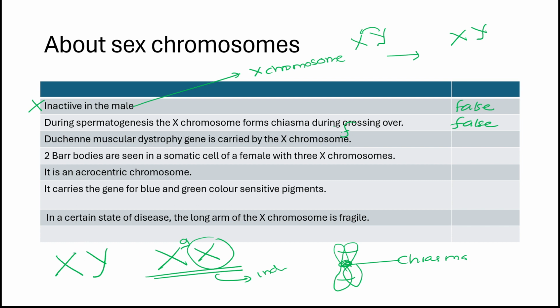However, when it comes to males, if the gene is defective, yes, this will come as Duchenne's muscular dystrophy. You would see that there is proximal muscle wastage, and usually the child dies of respiratory compromise as well as cardiomyopathy. So Duchenne's muscular dystrophy gene is carried by the X chromosome. Yes, that's a true statement.